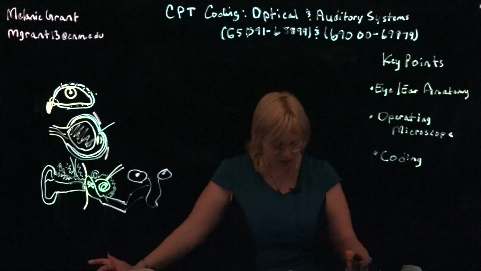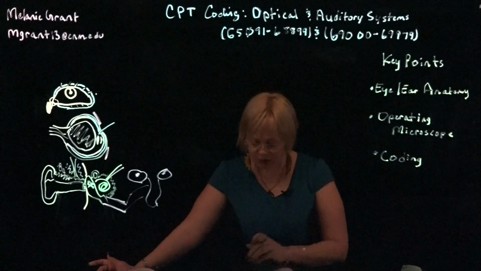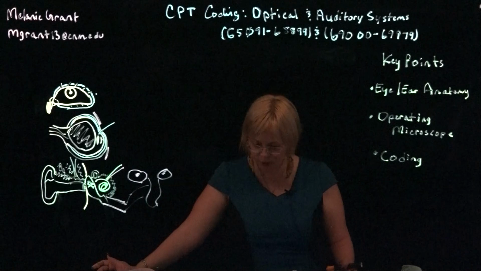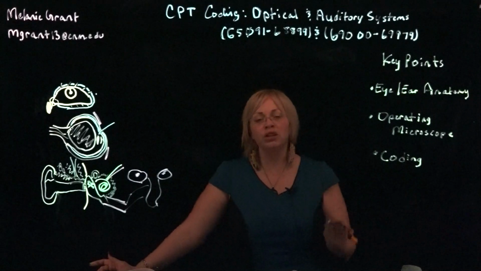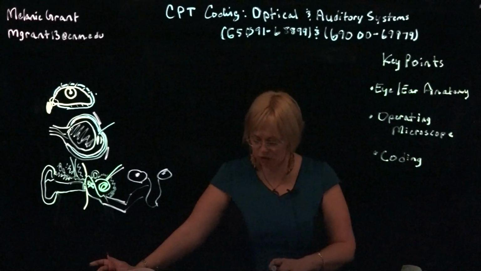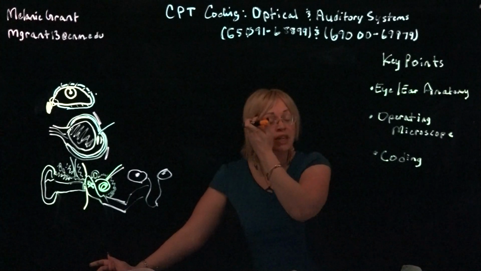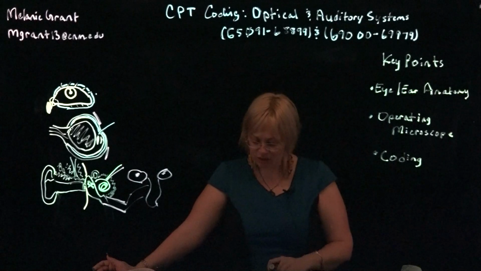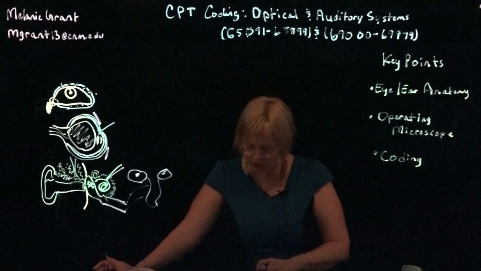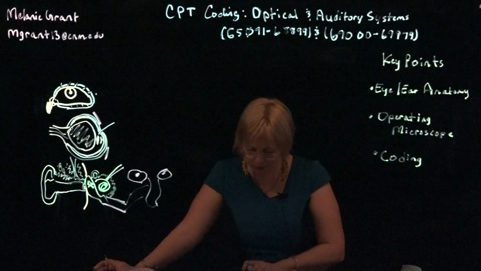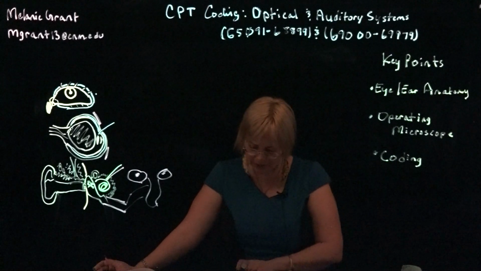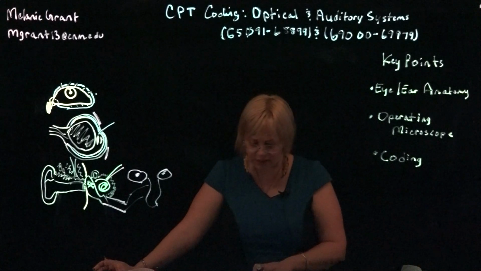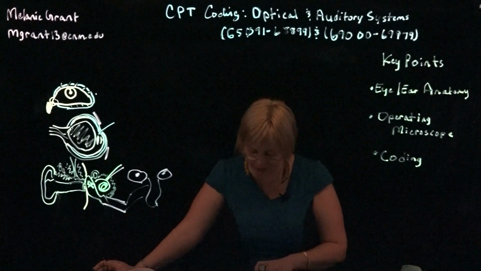Most of the time with external ears, one of the things I can point out is under 464 in the external ear, one of the most common procedures that a provider may do is removal of earwax and foreign body. It's important to pay attention to how these are documented. If you're doing removal of a foreign body from an external auditory canal, you would code 69200, and this is only for one ear, not bilateral.